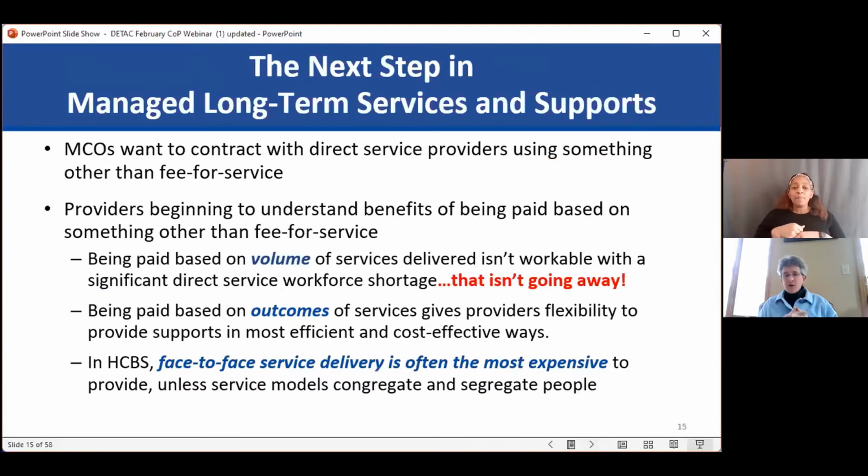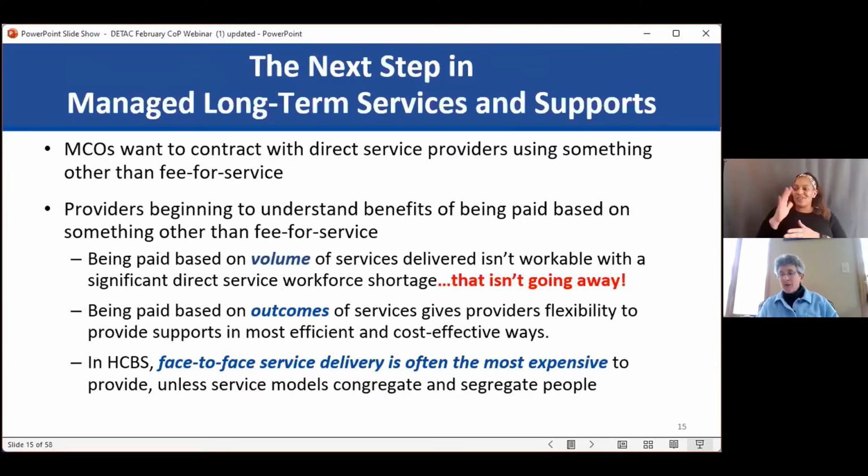So MCOs clearly want to contract with direct service providers using something other than fee for service. They want to be able to buy services in the most efficient manner. Providers are also seeing the benefits of being paid by something other than fee for service.